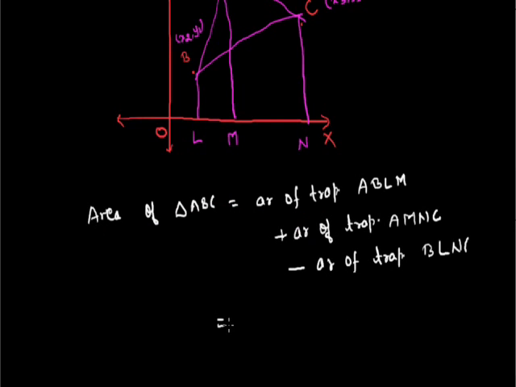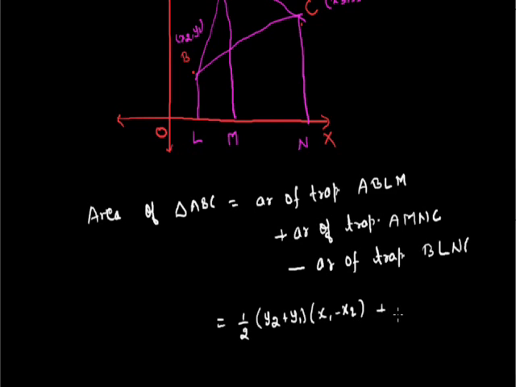Now area of a trapezium is half the sum of parallel sides times the distance. For ABLM, the sum of parallel sides is y2 plus y1 and the height is x1 minus x2.